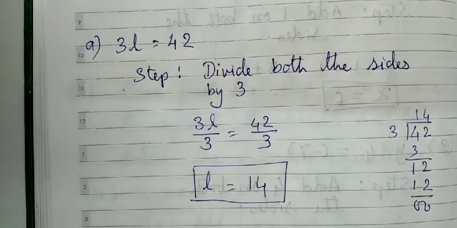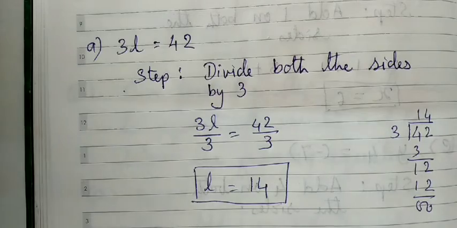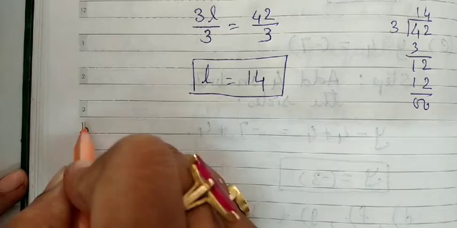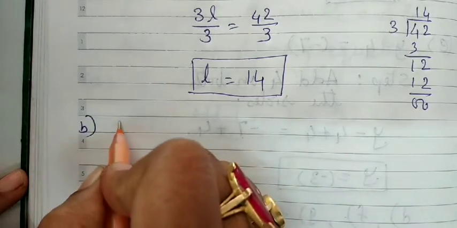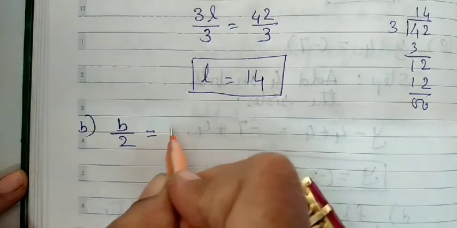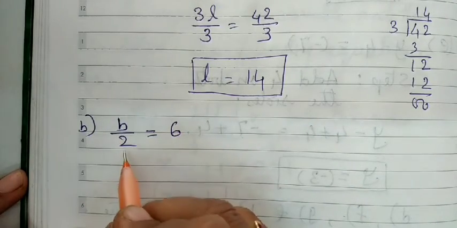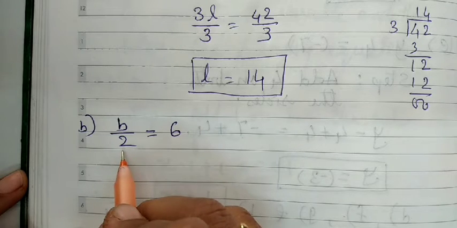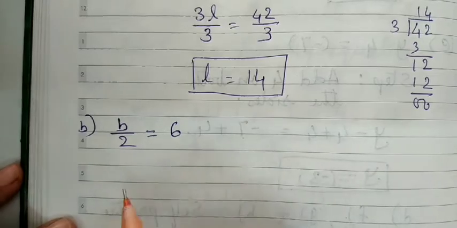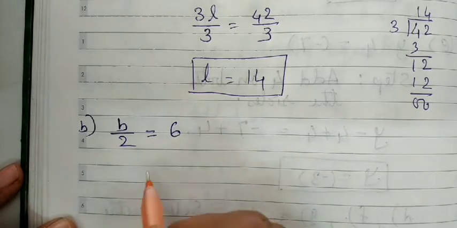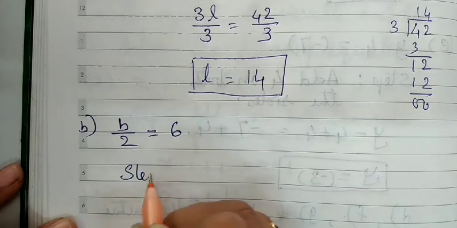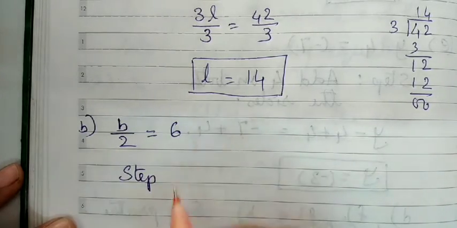Understood? Now we move on to sum number B, where you have B by 2 is equal to 6. Here B is divided by 2, and to remove this 2, you need to multiply, then only you will have B. So what will be the step?